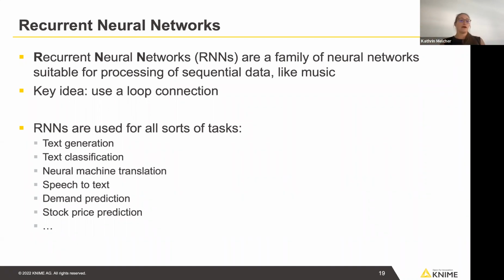And we will see on the next slide what I mean by a loop connection. And recurrent neural networks are used for all sorts of tasks where you have sequential data. For example, text is also a type of sequential data because text is a sequence of words or characters, and therefore it's often used for text generation or for text classification, but also for time series data, like for example, for demand prediction or stock price prediction.